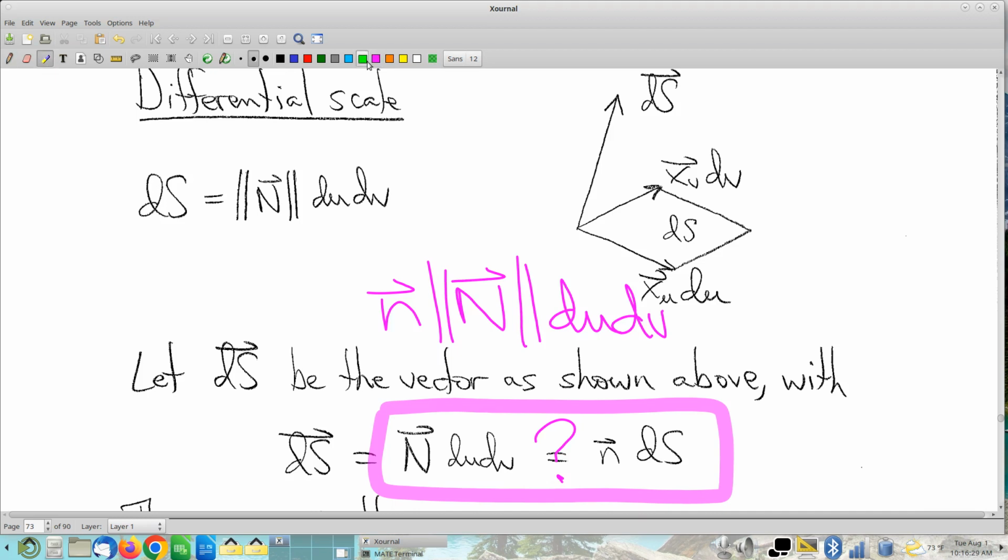Now, how could both of these things be equal to that? First of all, notice that this product right here, little n times the magnitude of capital N, what can we say about that? Well, that product points in the direction that little n points, which is also the same direction that capital N points. Let me say that over again. This product points in the direction that capital N points, and its magnitude is the same as the magnitude of capital N. So this has the same direction as capital N, it has the same magnitude as capital N. It looks like a duck and quacks like a duck.